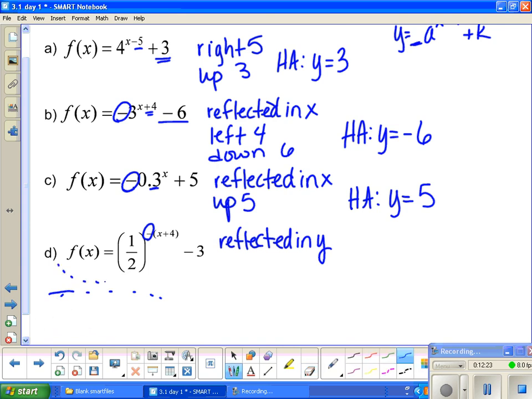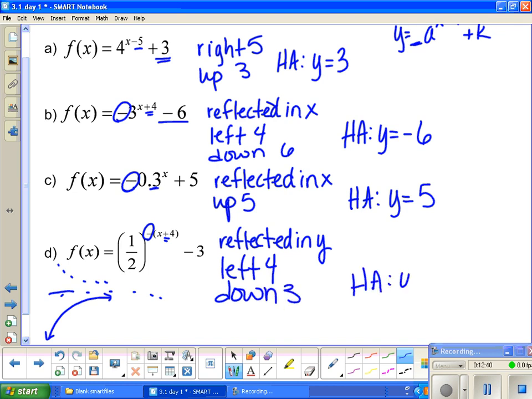Instead of this, it's going to be down here like that. It's reflected in the y. It's reflected over your asymptote. But it's still going to be shifted left 4, down 3, and have a horizontal asymptote of y equal -3. My H and K shifts.